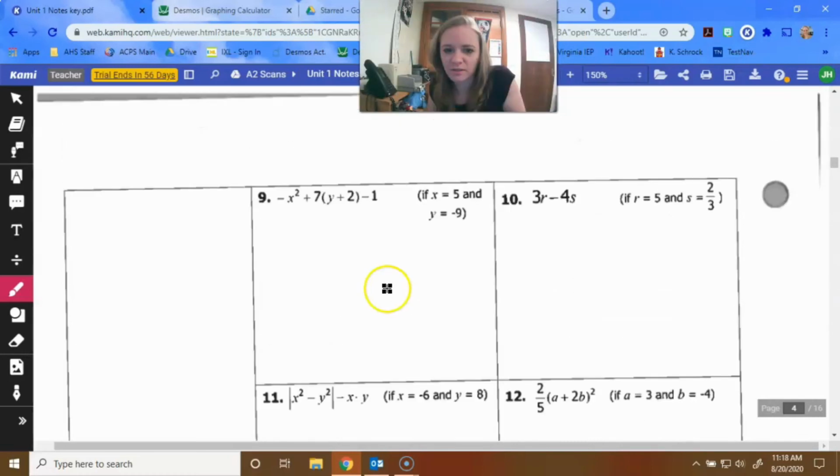I guess this first one, we got the negative in front of the x squared, just so that way we're clear on this one. When you substitute, put in those parentheses only around those numbers that you're plugging in. Whatever is in front of that, like in this case, you want to leave. That's a separate item.